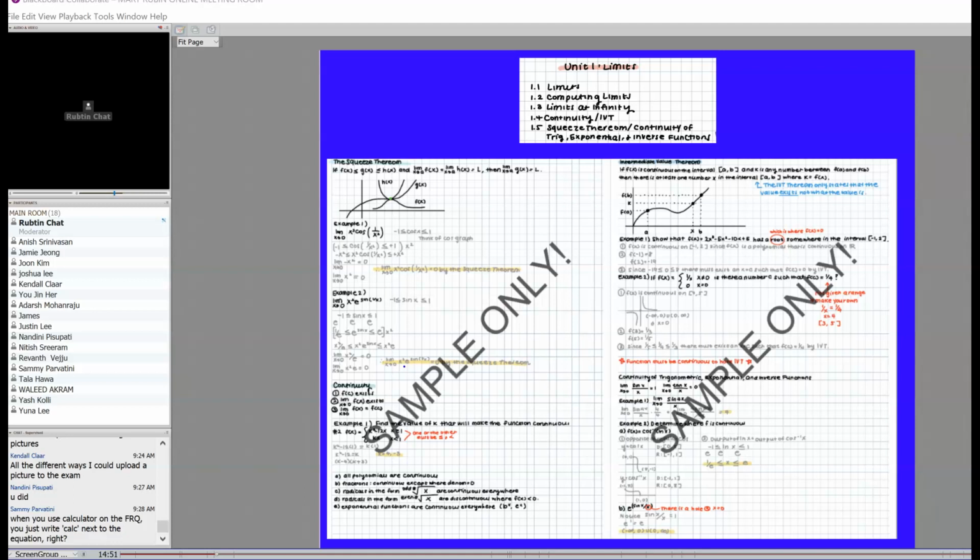Never write calculator, ever. Please don't write it. You're not going to be using a calculator to justify anything. And even if you did, don't ever write calc. I am so happy you said that. Does everybody see that? She was saying, if you use a calculator on the free response, you just write calc. Never. They won't accept that at all. Also, if you're just trying something out, don't ever say Math 9 or Math 8.